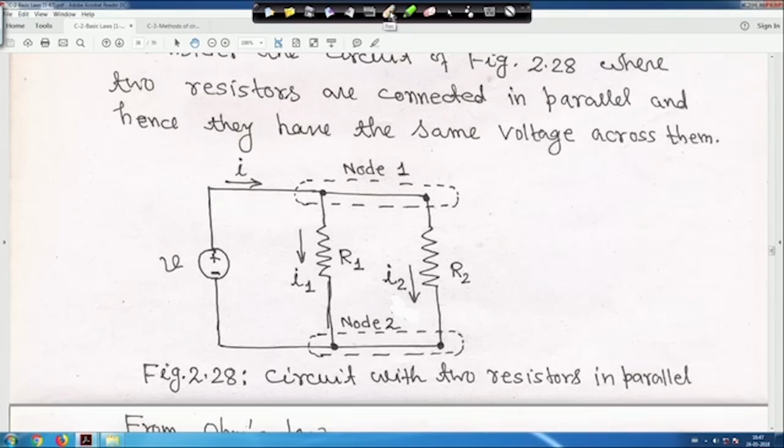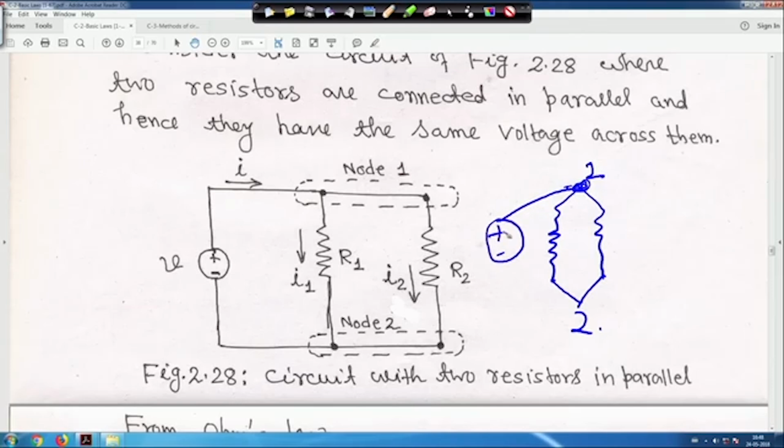Okay, let me make it once again. Suppose this is your resistance, another one, and this is node 1, this is node 2 and this is the voltage source, plus minus, right.